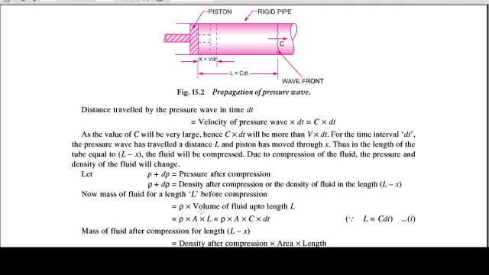Volume means area into length. So it will become rho into A into L. But as we know that L is equal to c dt, put it here. Then the mass of the fluid for the length before compression will become rho A into c dt. This is our first equation. So here we are finding the mass of the fluid before compression.